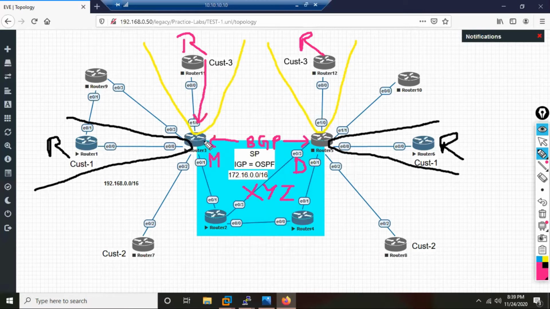Basically you have gone into BGP and done the command redistribute RIP. So once you do redistribute RIP, what happens? This customer 3 RIP routes and customer 1 RIP routes, this also will get redistributed and this also will get redistributed, right? So when both the customer routes get redistributed into BGP and they land on R5, then what will happen?